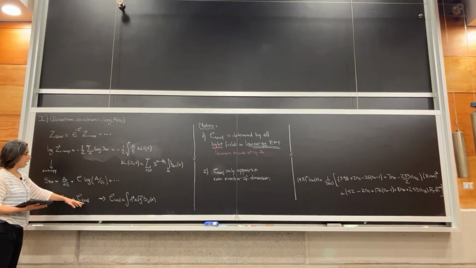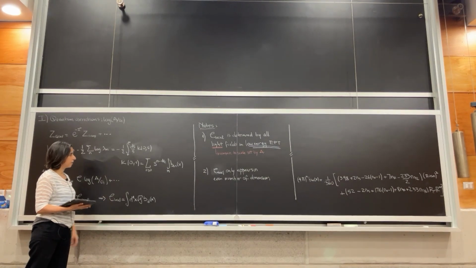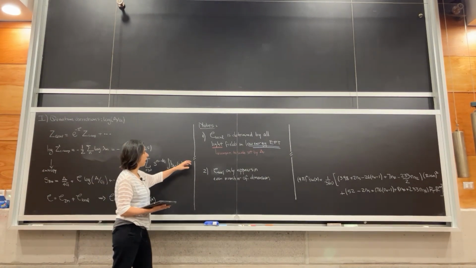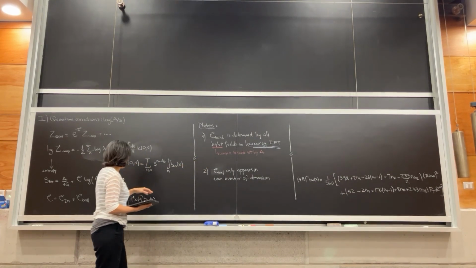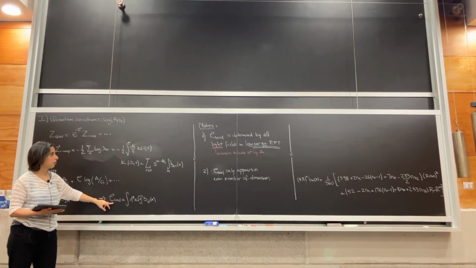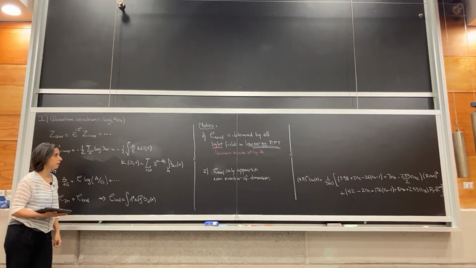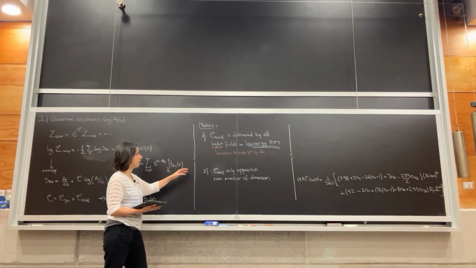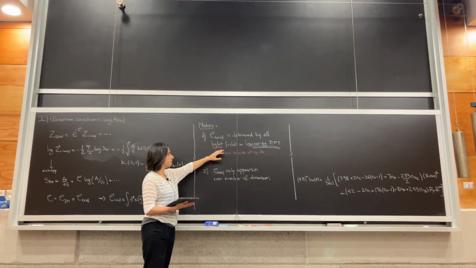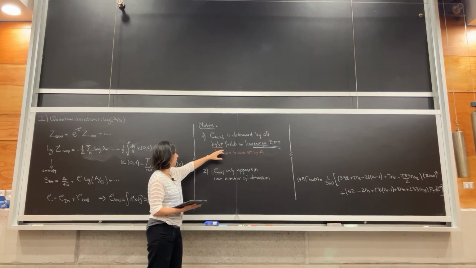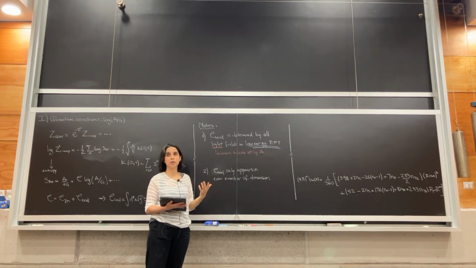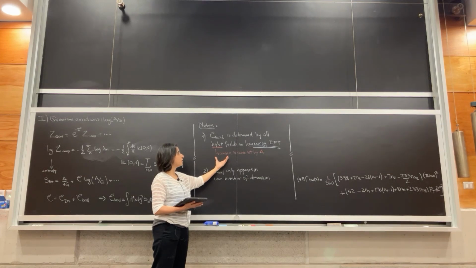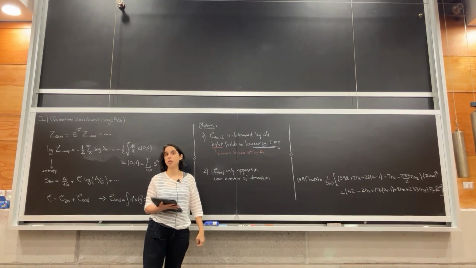Okay? So this is the expression, and there are two main lessons to remember about this. So this thing, the C local, the only thing that will contribute to it, there are some assumptions about what the two-derivative theory looks like, but basically, in order to compute this correction to the black hole entropy, you just need to know what the low energy effective field theory is.